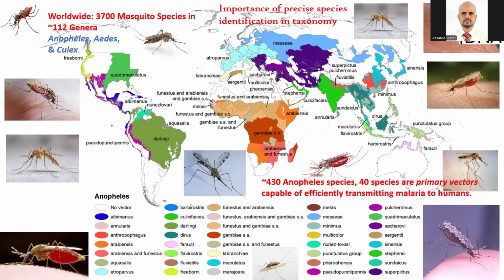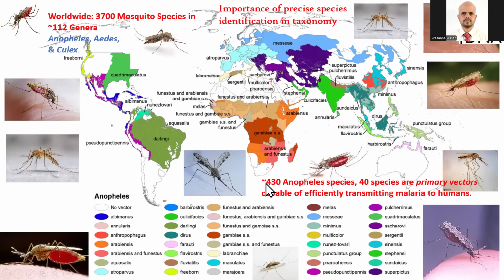Why identifying species is such a big deal is that in any research, you need to know the species name. You know the taxonomic hierarchy: phylum, class, order, family, genus, and species. We need to know the species name to start any research. For example, there are more than 3,700 mosquito species belonging to 112 genera, among which only three genera, Anopheles, Aedes, and Culex, have species that can transmit disease in humans.